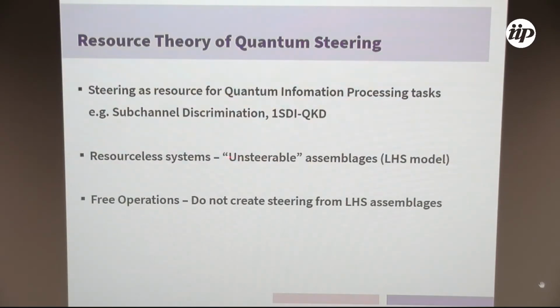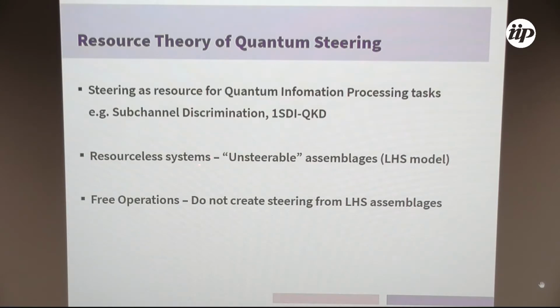So we know also that quantum steering is a resource for certain types of quantum information processing tasks, such as subchannel discrimination or one-side device-independent quantum key distribution, right? And in a sense, if I consider that steering is useful for these tasks, and I have stronger, in a certain sense, steering, I have better performance on these tasks, I have the notion that steering is a resource for this, right?